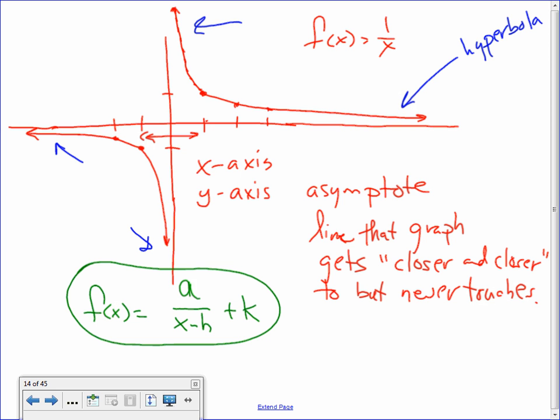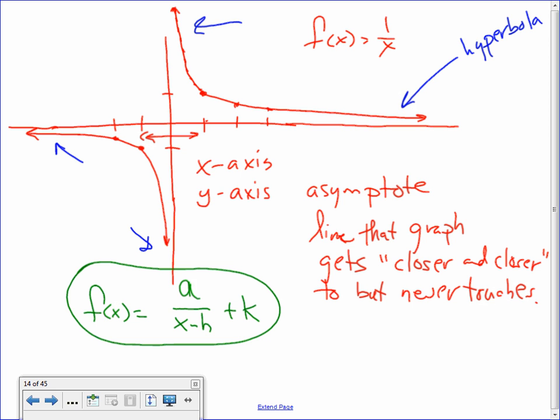K is the place on the y-axis where the horizontal asymptote is. And then usually the easiest thing to do is to put in the vertical and horizontal asymptotes as dotted lines, and then pick a point, maybe to the left of the vertical asymptote, and to the right of the vertical asymptote. Find out what f of x is in those cases, plot those points, and then just draw the graph asymptoting to the two asymptotes, if to asymptote can be considered a verb.